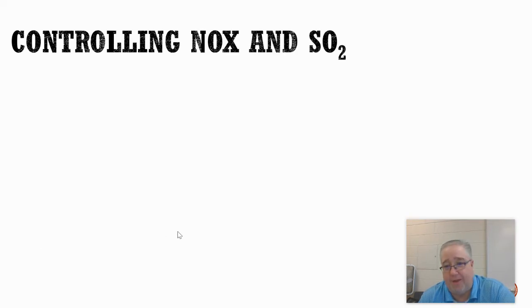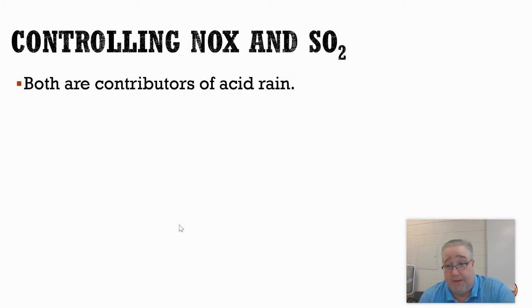But as far as these other things, NOx, for example, and SO2, besides NOx being something that's a precursor to photochemical smog, both of these compounds are contributors of acid rain.